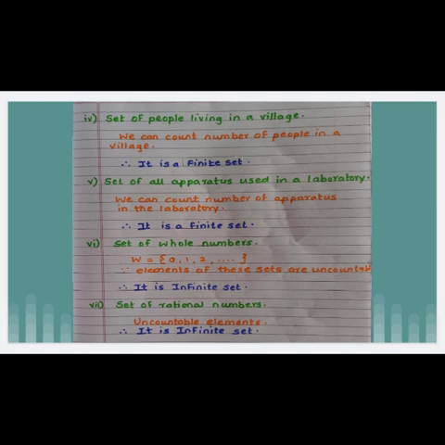Again, elements of these sets are uncountable, hence it is an infinite set. And keep in mind, any type of numbers, that means whole numbers, rational numbers, natural numbers, integers or real numbers, all come under infinite sets.